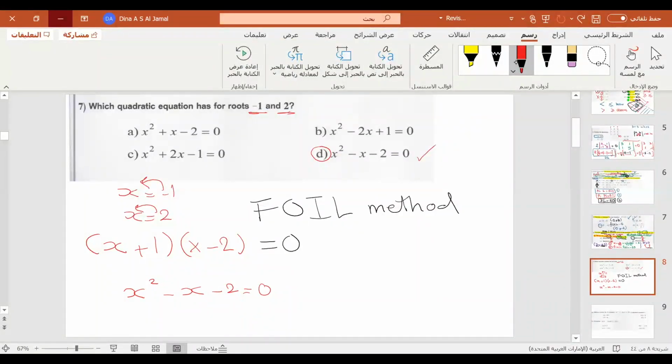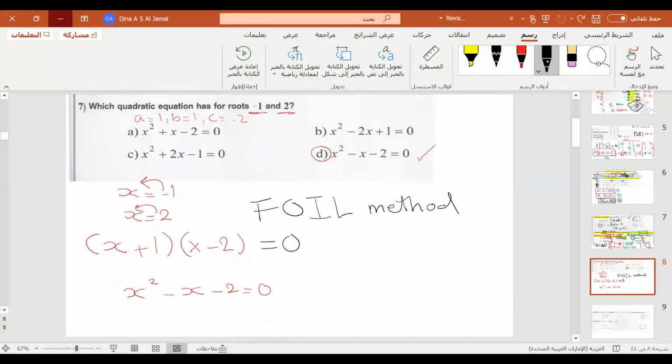So if I would like to use the calculator method with you, in each of them, you need to specify what is your A, what is your B, and what is your C. So A is 1, B is 1, C is minus 2. So go to the calculator, mode 5, 3, solve this equation.